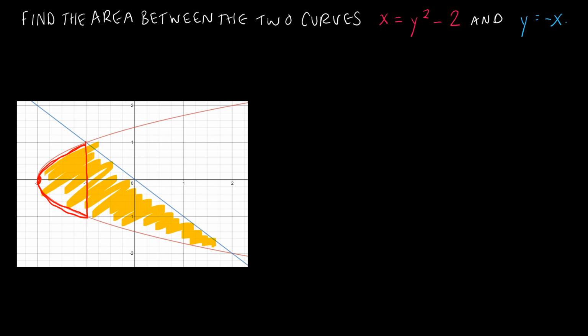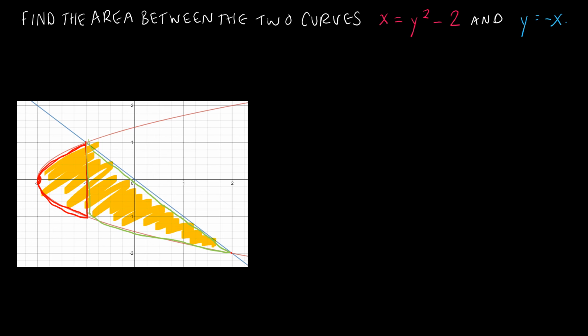And then I'm going to have a region from negative 1 to 2 that's going to give me the rest of this region. And that one would be a little bit easier because obviously that blue line, y equals negative x, is on top. But instead of making this tricky, we're just going to integrate with respect to y.